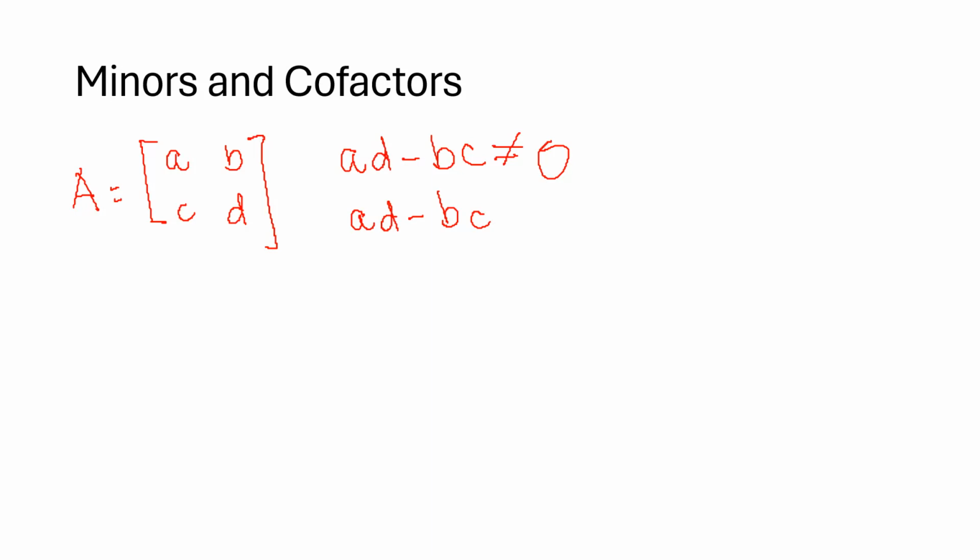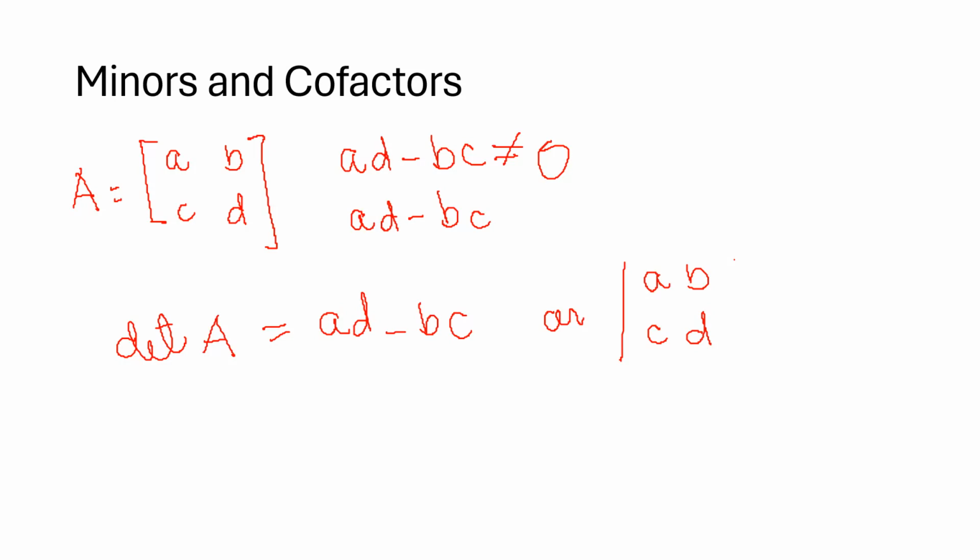Recall also that this determinant is denoted by writing the determinant of A is equal to AD minus BC, or we could write the matrix with entries A, B, C, D between bars is equal to AD minus BC.